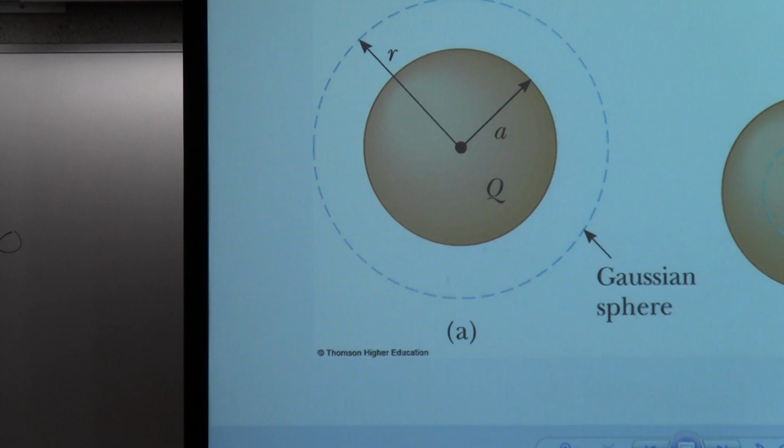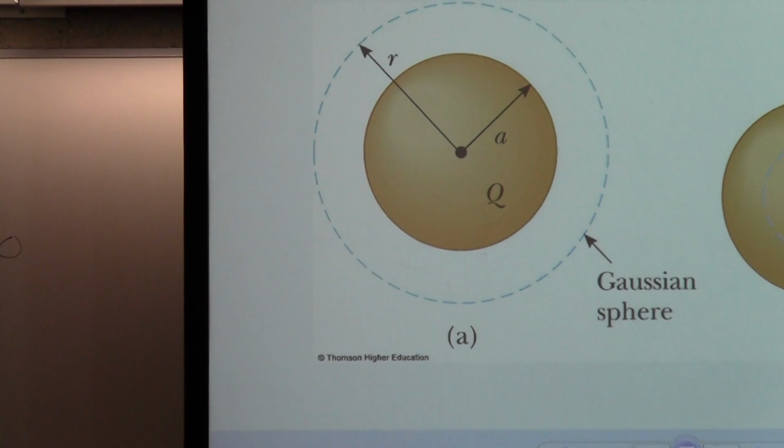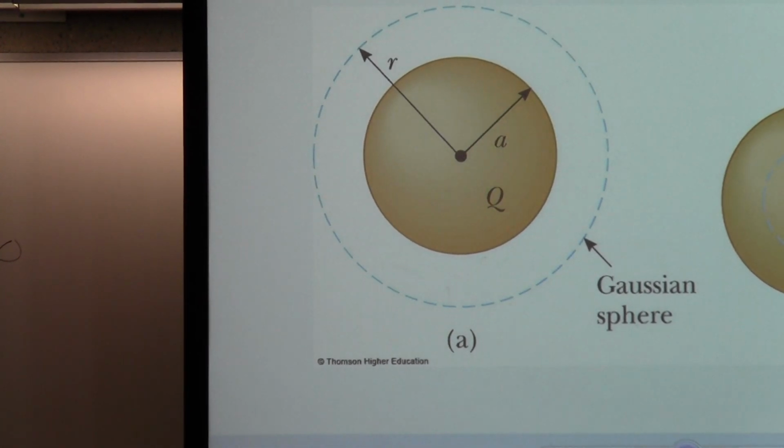For our Gaussian angle, r squared. R squared or a squared? So it's the area of the Gaussian. It's r squared. Remember, I am trying to find the area of the Gaussian surface, not the area of the surface of the ball.